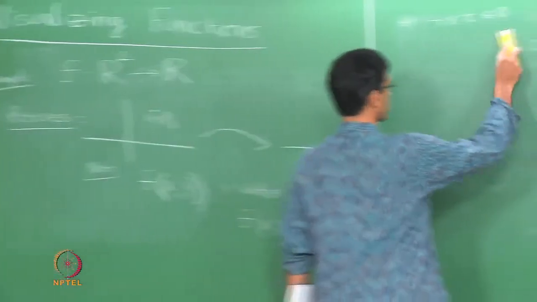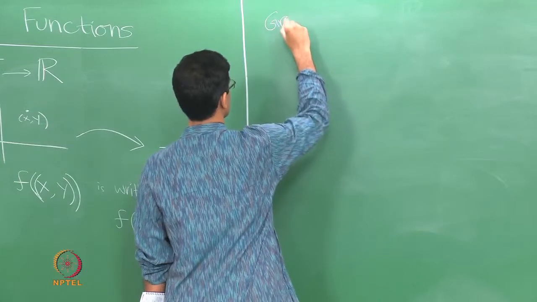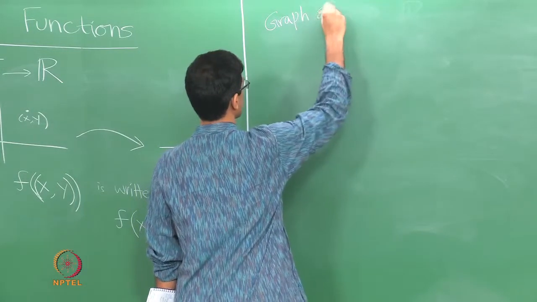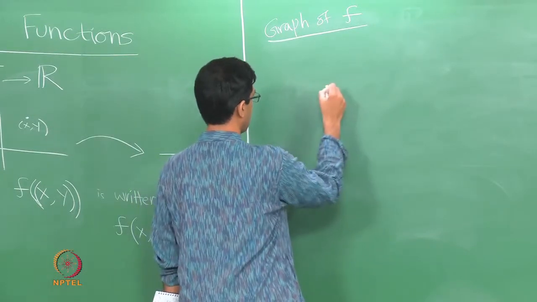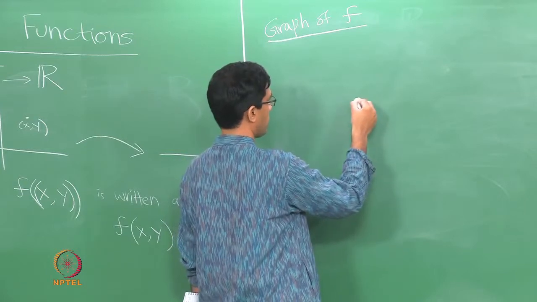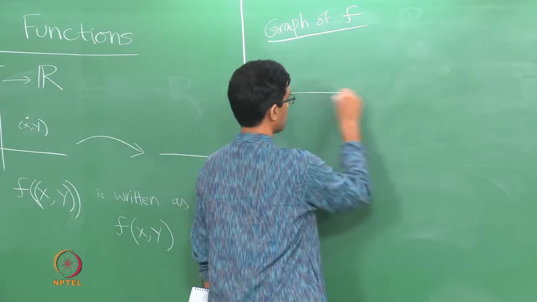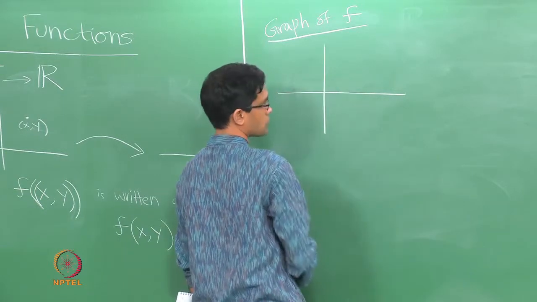Well, the first picture is of course just the graph itself. So, what is a graph? Well, recall what the graph meant in the case of a function from R to R. You drew on one axis the domain, and on the other axis the codomain.